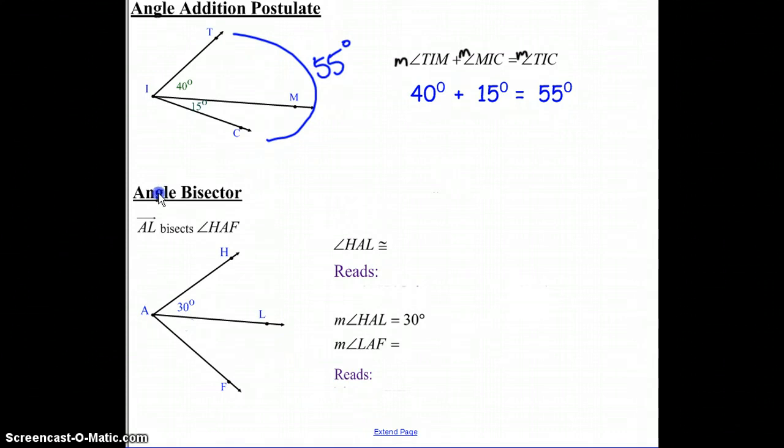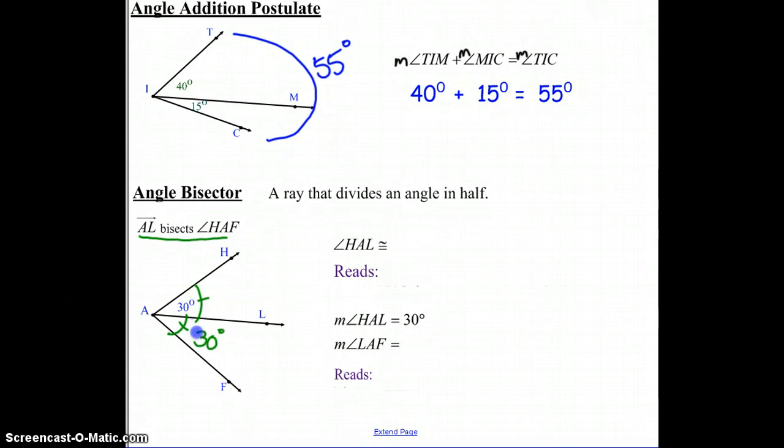And we also have something called an angle bisector. An angle bisector is similar to a midpoint because it is going to divide something in half. So an angle bisector is a ray that divides an angle in half. So in this instance, ray AL bisects angle HAF. So we can mark the 2 arcs that are the same, and again we can use these little hash marks to show that they're the same.